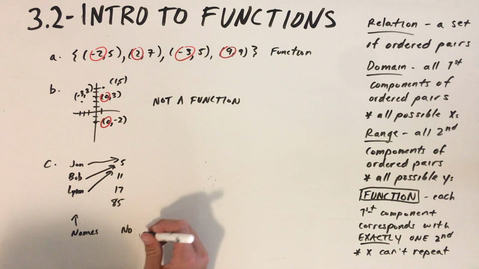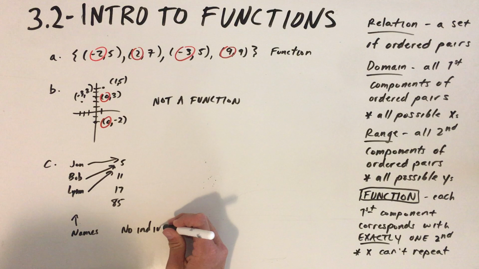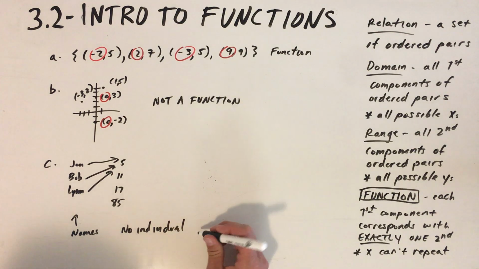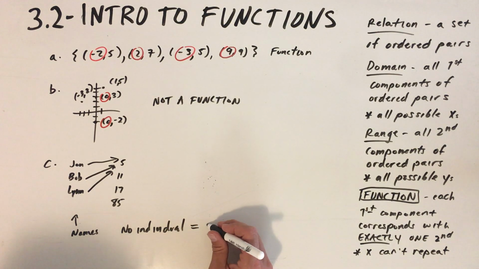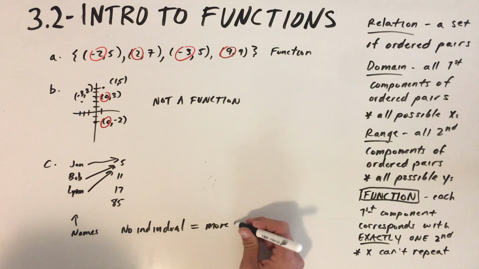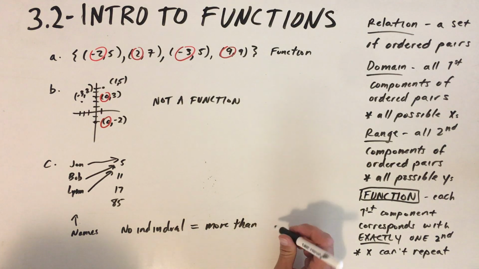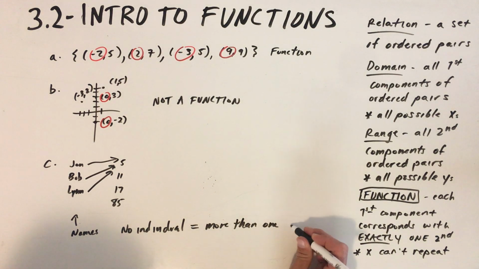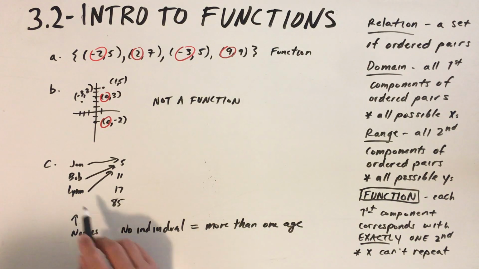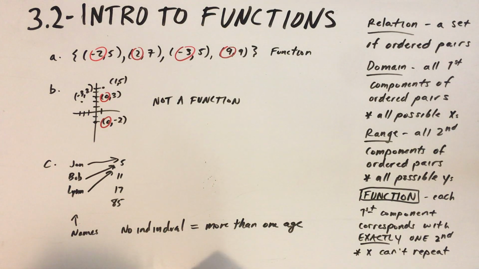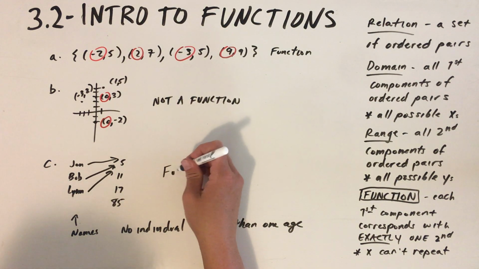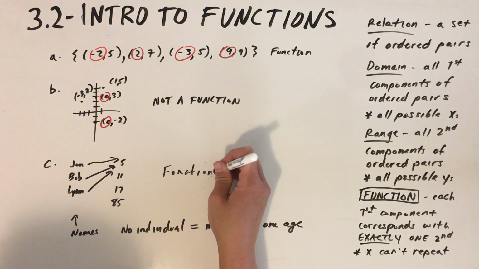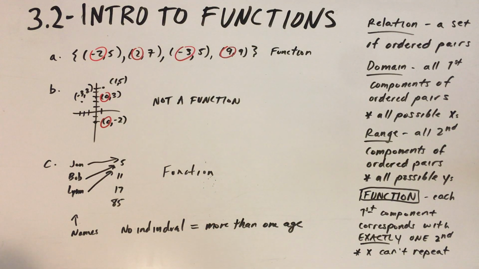So because no individual can be more than one age, then this is a function. Okay, because none of these values can correspond with 2 different ages, so this would be a function. Okay, so those are some examples that you have there on your guided notes.